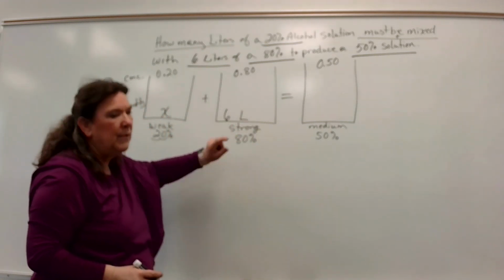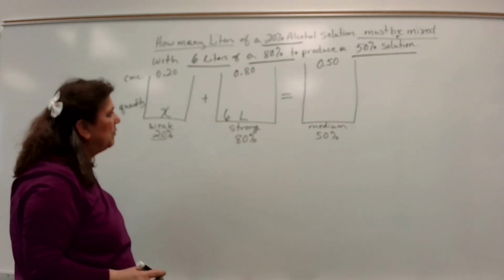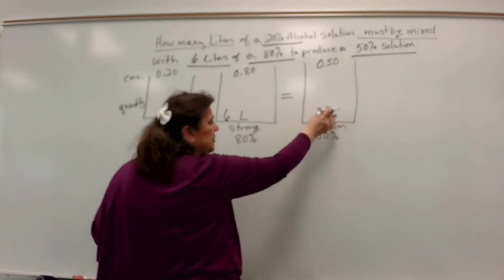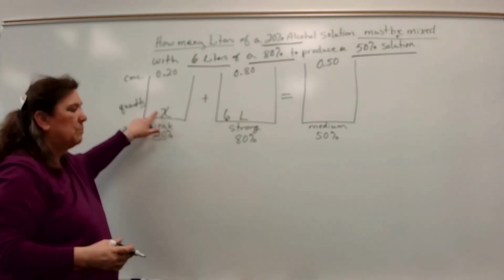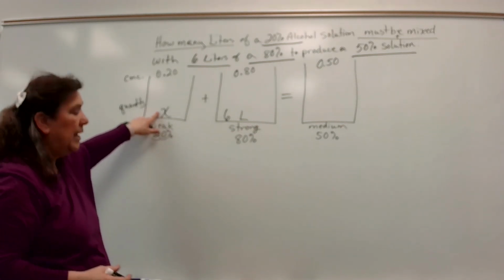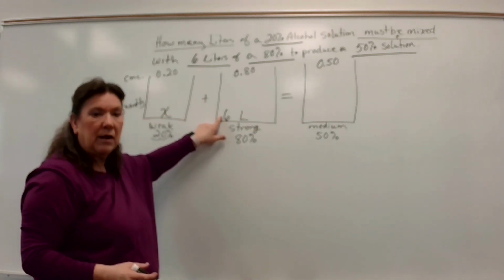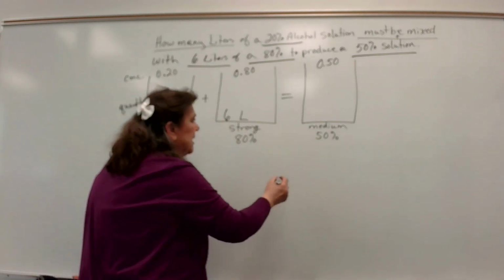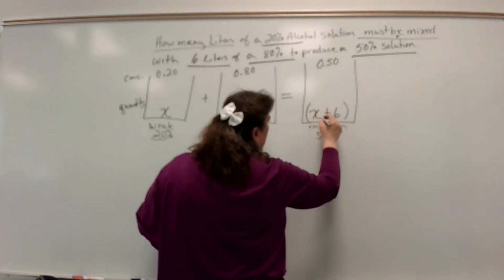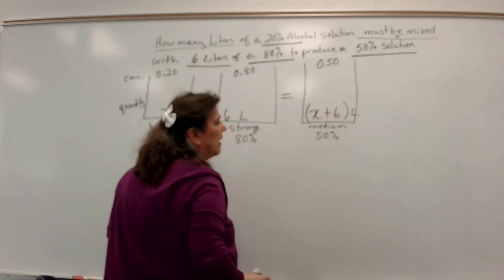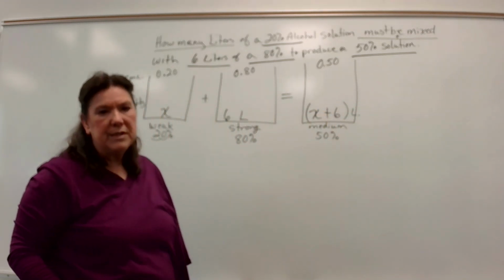Notice I put my unit of measure on so I remember what it is. So how much do I end up with in my total amount? Well, it's your beginning quantity, X, plus the amount you added to it, which is 6. So this is X plus 6 liters. And notice you have to have your parentheses.